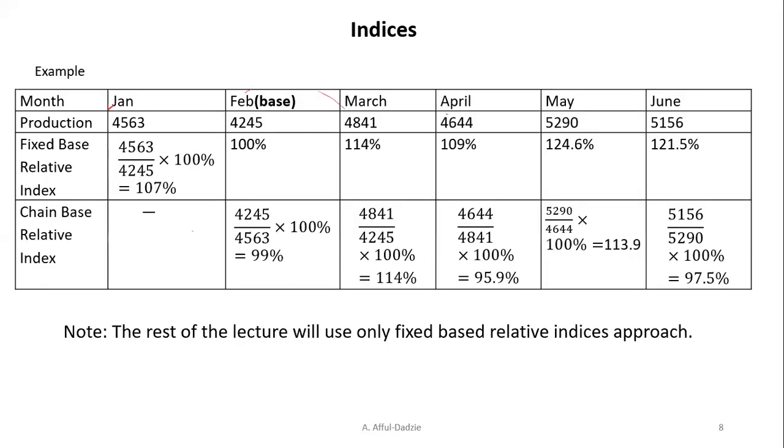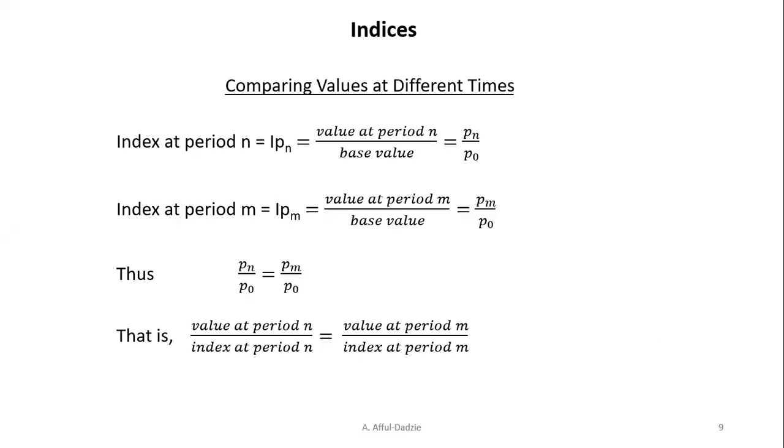All right, so let's try and understand instances where we seek to compare values at different times. Okay, values at different times. Now, we want to compare values at maybe multiple times or two different times. So we agree that the price index is P_n over P_0.